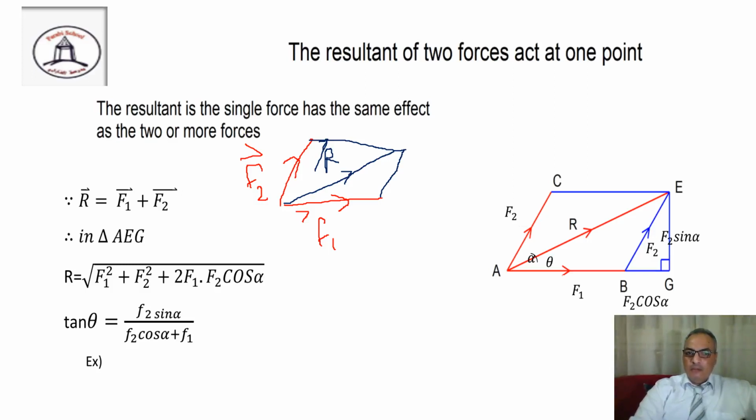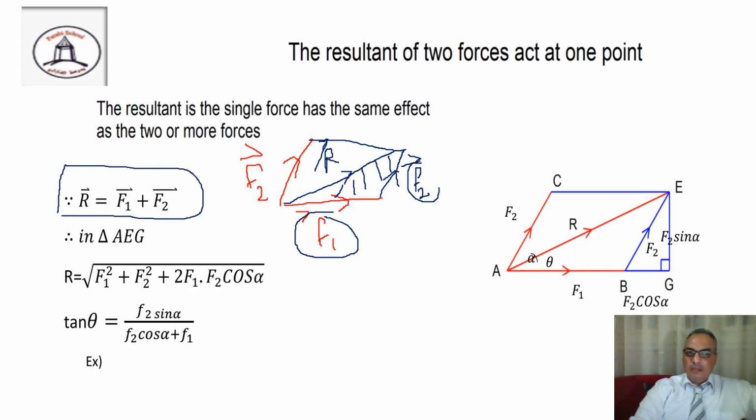F1 is in this direction. F2 is parallel to the other, from the properties of the parallelogram. So you can write F2 here. In this triangle, F1, F2 are cyclic and R is opposite, so from the second one R as a vector equals F1 plus F2.